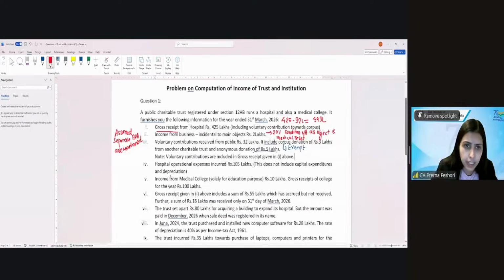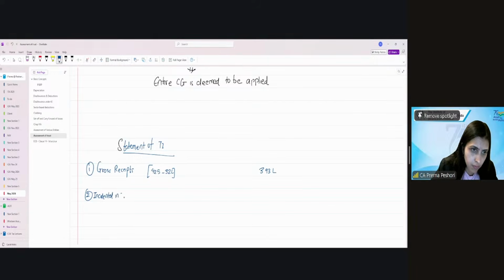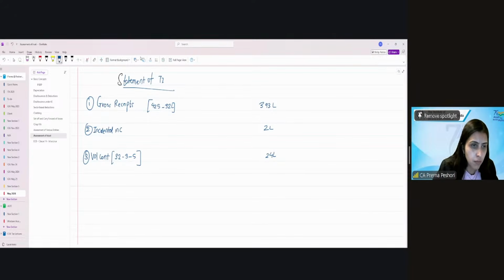What were my gross receipts? 393 lakh. For total donations, we will include all the donations, including anonymous and corpus, right?